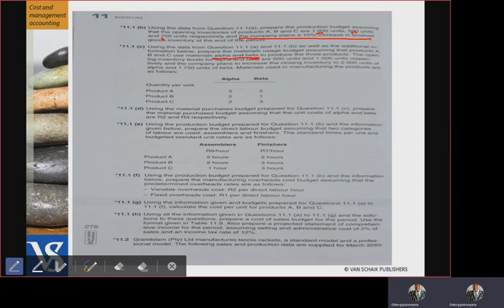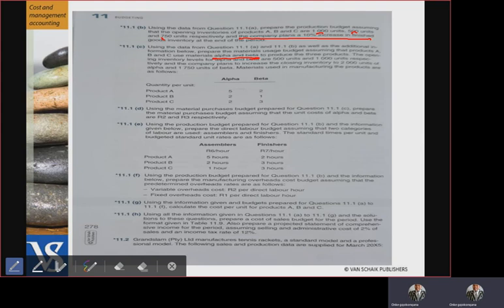Material used in manufacturing the products are as follows. So you've got your quantities per unit. For product A, we need 5 quantities, because I cannot say 5 kgs or what, because it's not given here. They just simply say that these are the material that we use. So we can safely name them as kilograms.